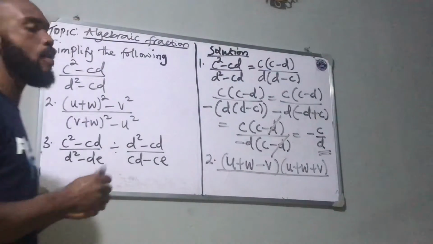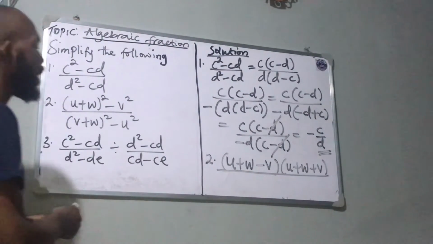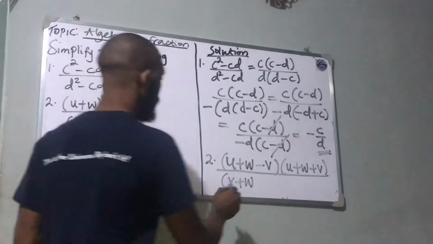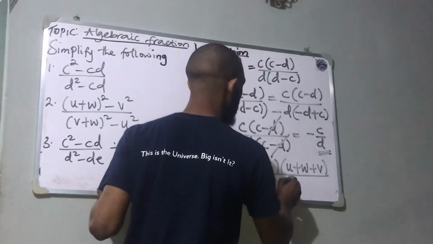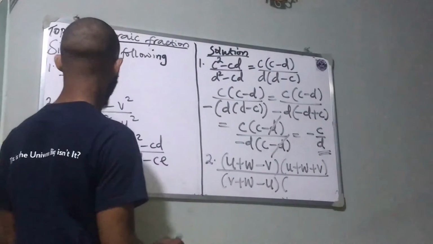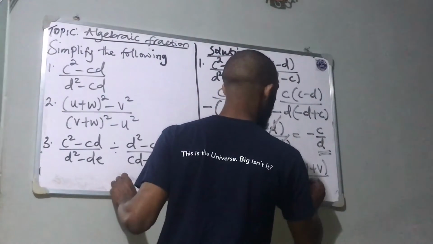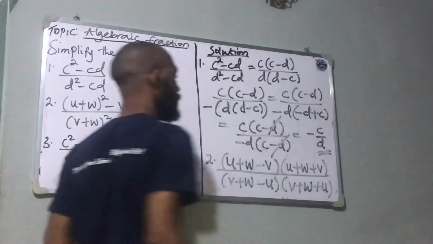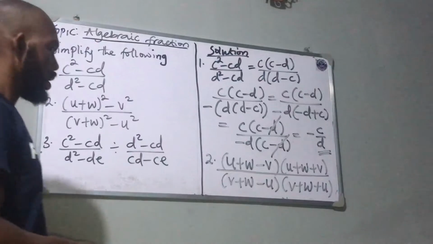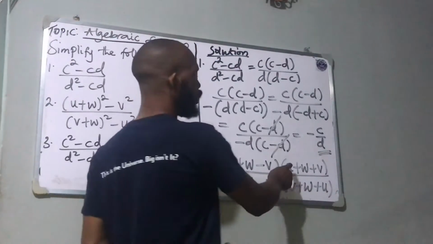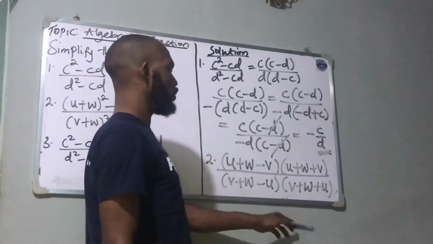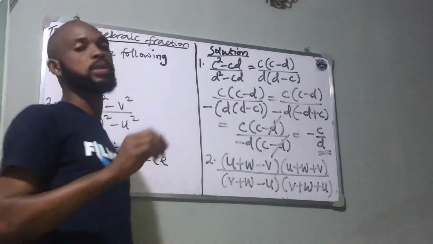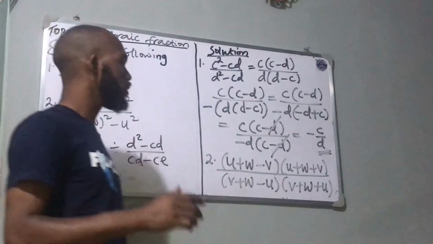We do the same thing for the second one. We have v plus w minus u and v plus w plus u. This is difference of two squares, and if you look at this very well, you discover that u plus w plus v is the same thing as v plus w plus u. The difference is just that the positions are different, but they are the same.